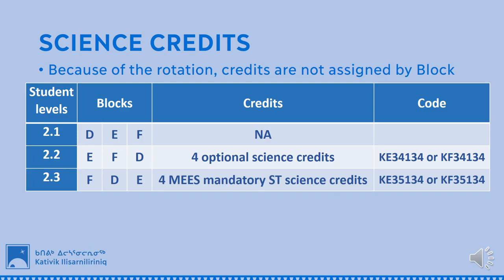Considering that the credits for the Ministry ST course cannot be assigned to any one specific block, students receive 4 optional science credits for the block completed at the 2.2 level, and then the required 4 science and technology credits for the block completed at the 2.3 level.